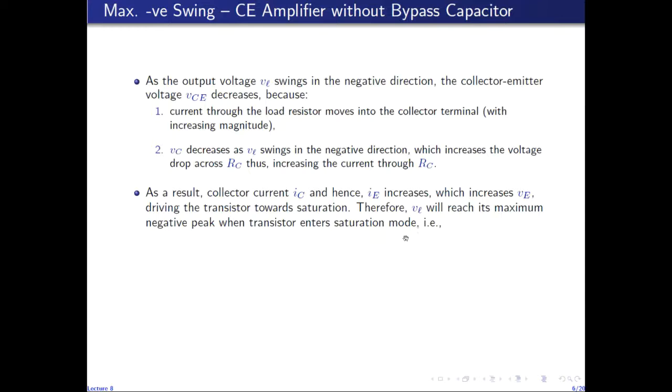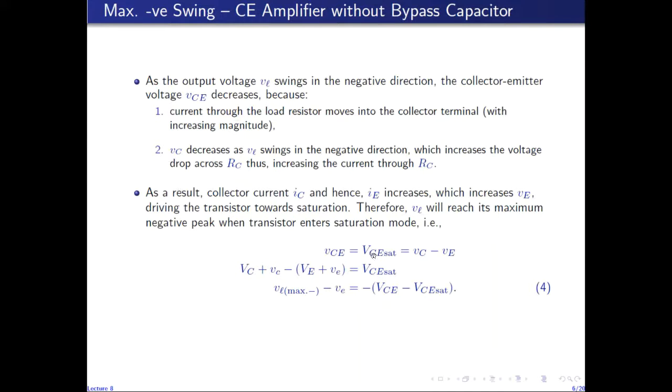As soon as the transistor enters saturation mode, VL will be at its maximum negative value. That happens when VCE becomes equal to VCE sat. So when the collector-emitter voltage drops down to VCE sat, the device enters saturation mode, and under this condition VL reaches its maximum negative peak. We denote it by VL maximum negative.